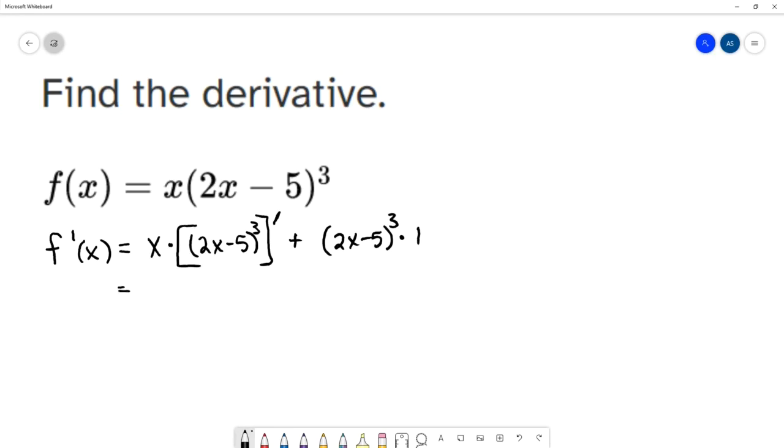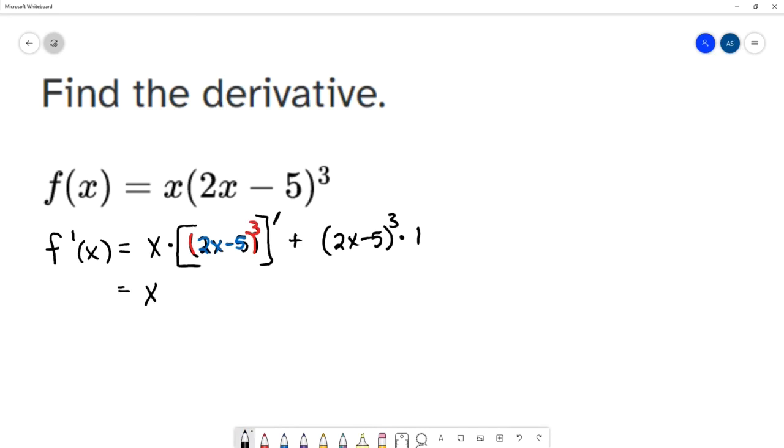So now we need to focus in on calculating the derivative of 2x minus 5 cubed. And as I said earlier, this is one we're going to use the chain rule. So we've got to identify the outside function and the inside function. So we've got the cube being the outside function and 2x minus 5 being the inside function. I usually write the inside function in blue, so let me switch that.